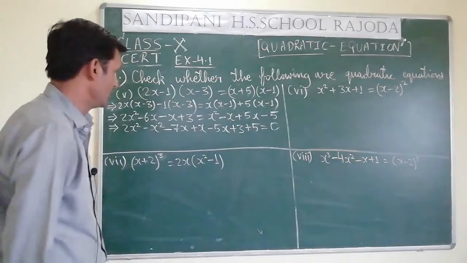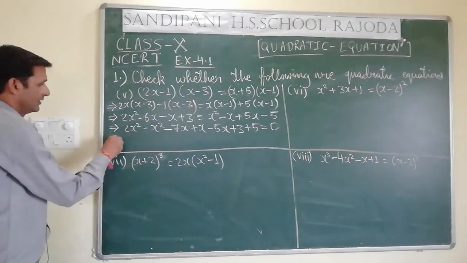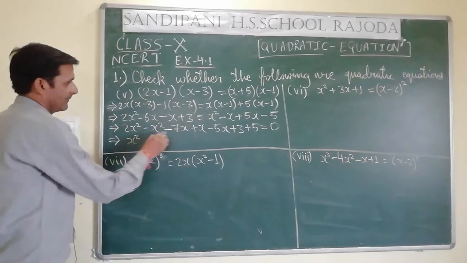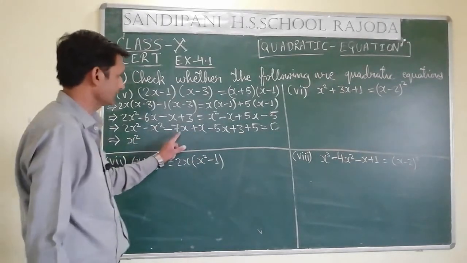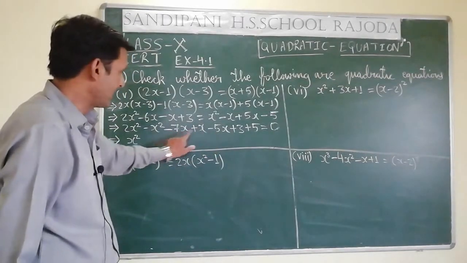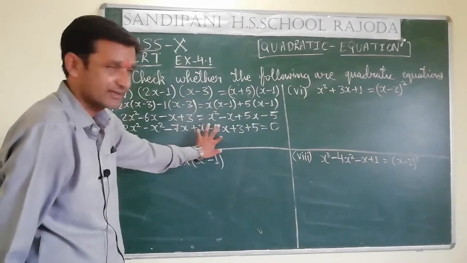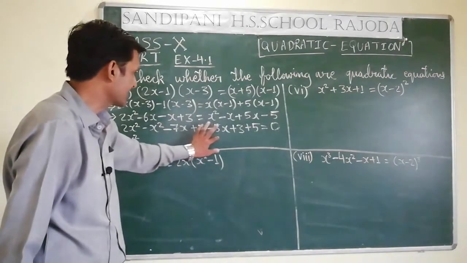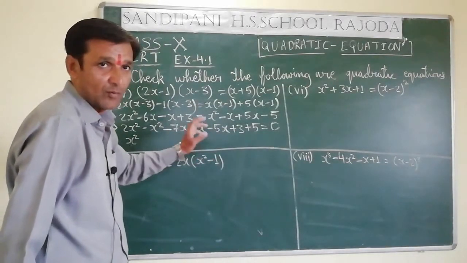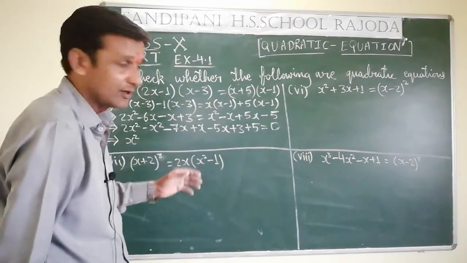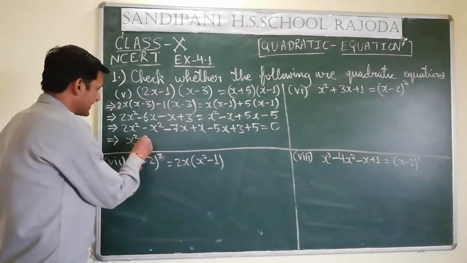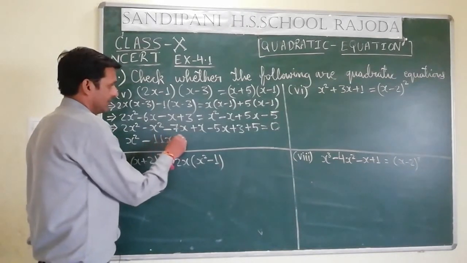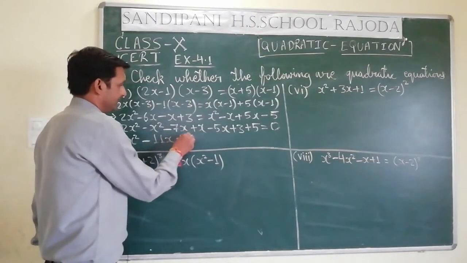So now it will be x square minus 7x minus 5x. Minus 7x and minus 5x means minus 12x. Minus 12x plus x means minus 12x plus 1x. So the bigger digit is minus 12, so it is having a minus sign. So the minus sign will be applicable, and 12 minus 1 is 11. So 11x plus 8 is equal to 0.